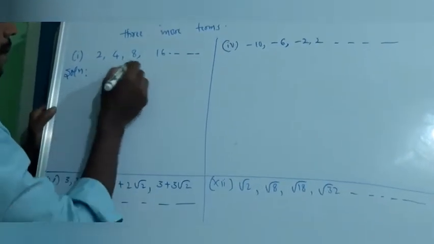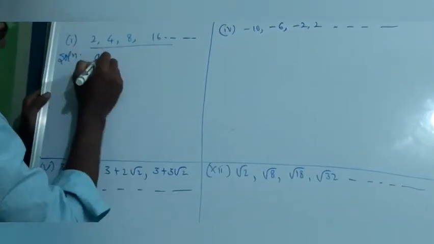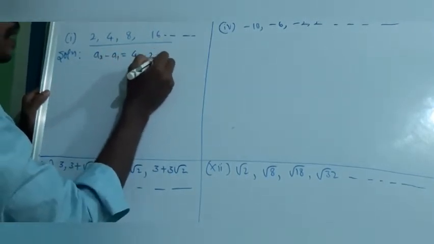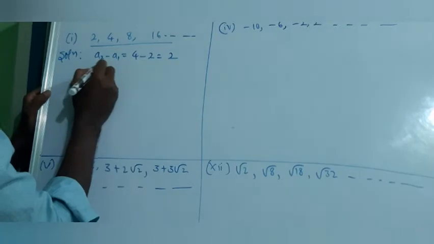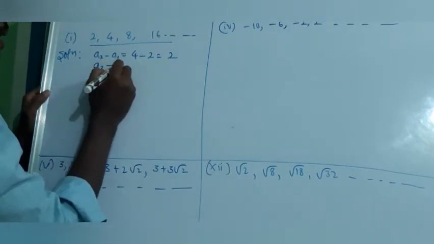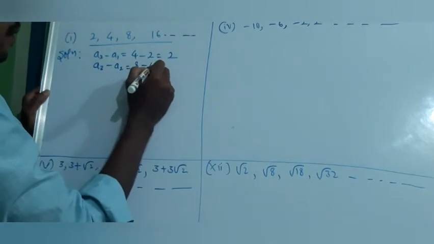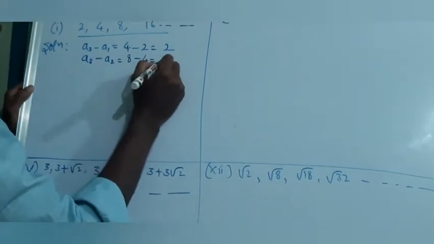So we'll verify. A2 minus A1 is equal to 4 minus 2, which is equal to 2. A3 minus A2 is equal to 8 minus 4, which is equal to 4.